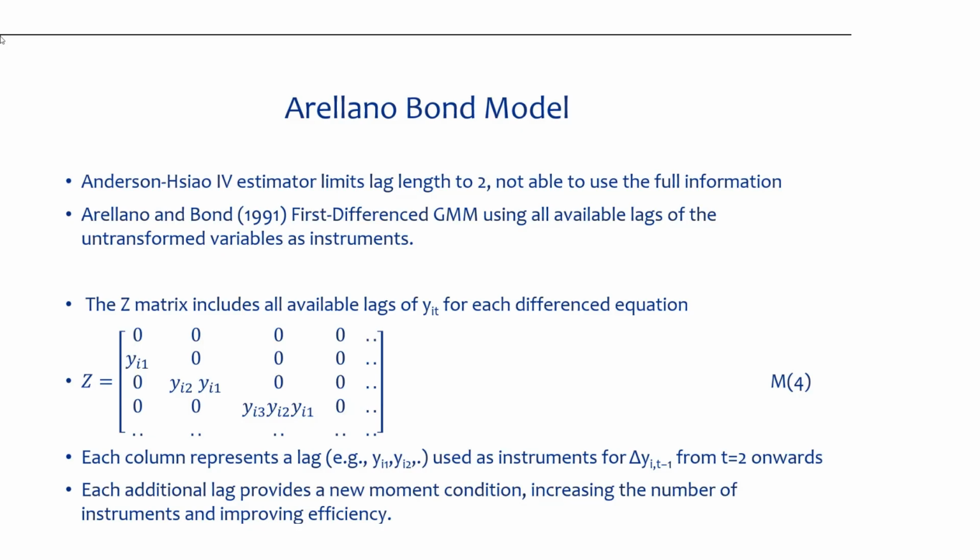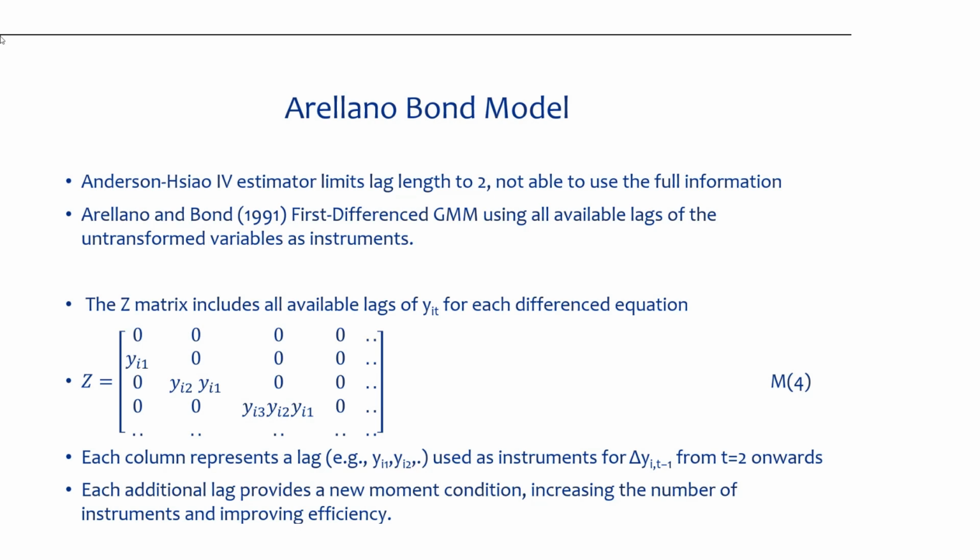For T minus 2, you have 1 lag. T minus 3, you have 2 lags. T minus 4, you have 3 lags. This is what is happening here.